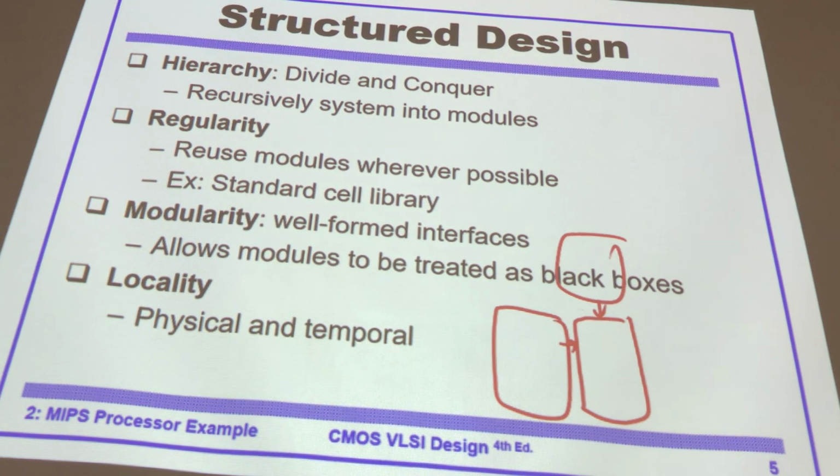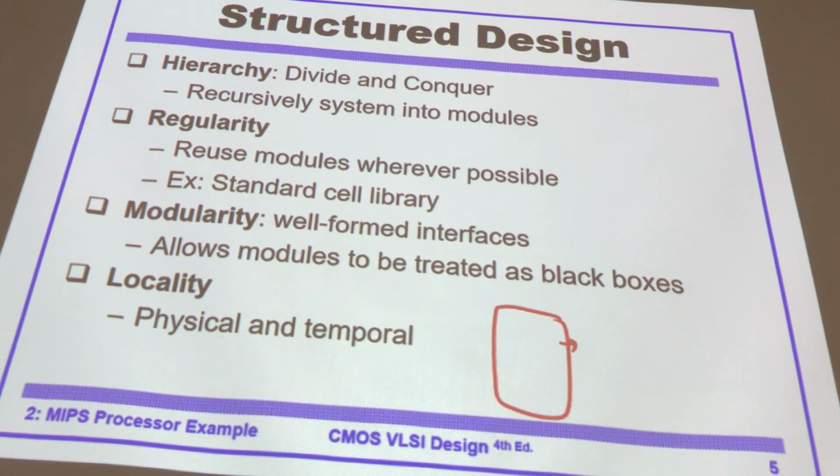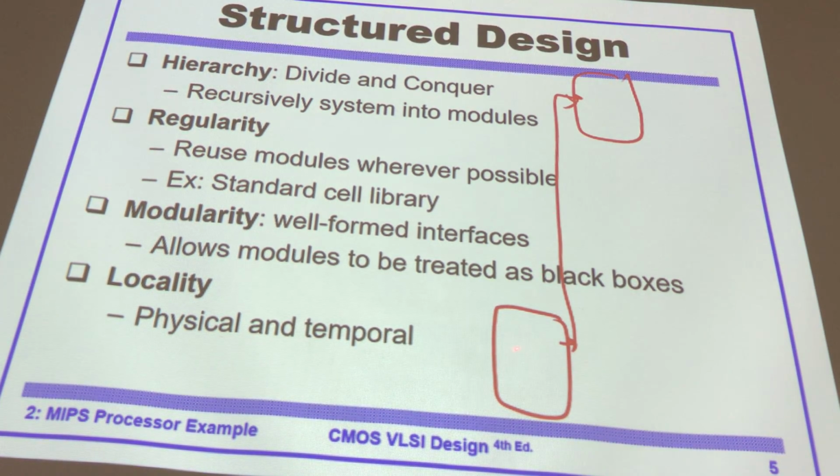We don't like the idea that the output is going to connect to a module far away. This is bad, because it consumes chip area for the wiring. It also takes much longer delay, and the chip performance is going to go down.